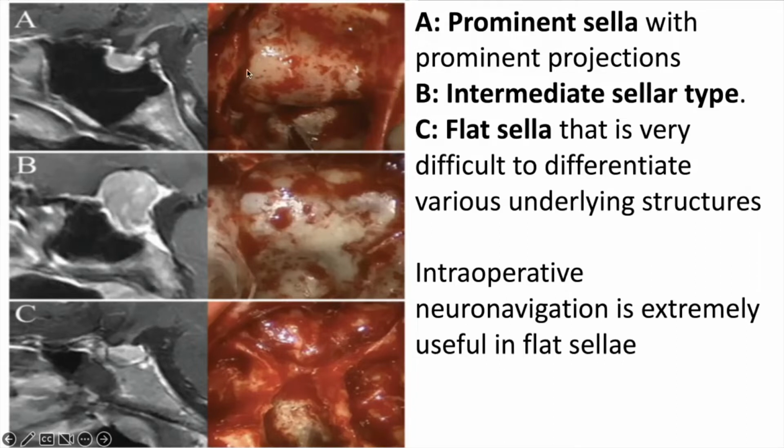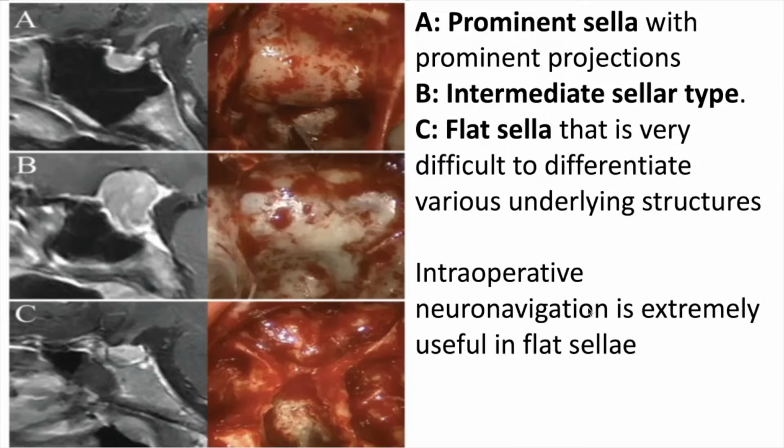So there is hardly any need for navigation. Whereas on the other hand, in the flat type of sella, all these projections are not seen. So this is the flat sella, this is the prominent sella. Here it is difficult to find out the normal anatomy and the various structures underneath the bone.